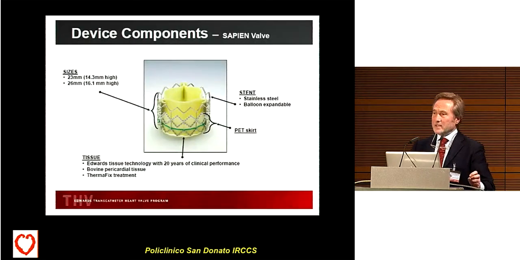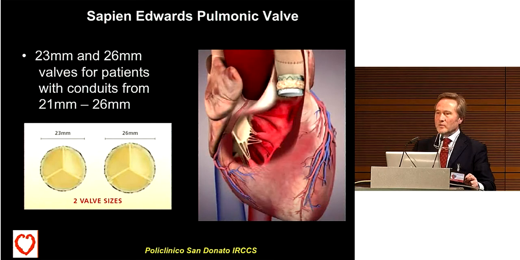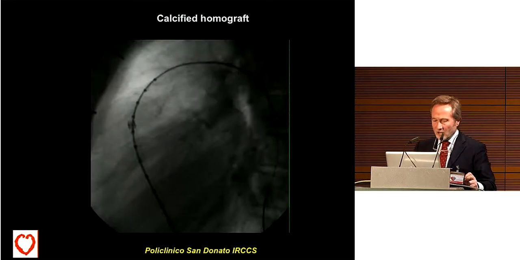Are there any alternatives? The answer is yes, to some extent. The Edwards Sapien valve, which is available in larger sizes, 23, 26, and more recently 29 millimeters, can theoretically be used in a larger size RV outflow tract.